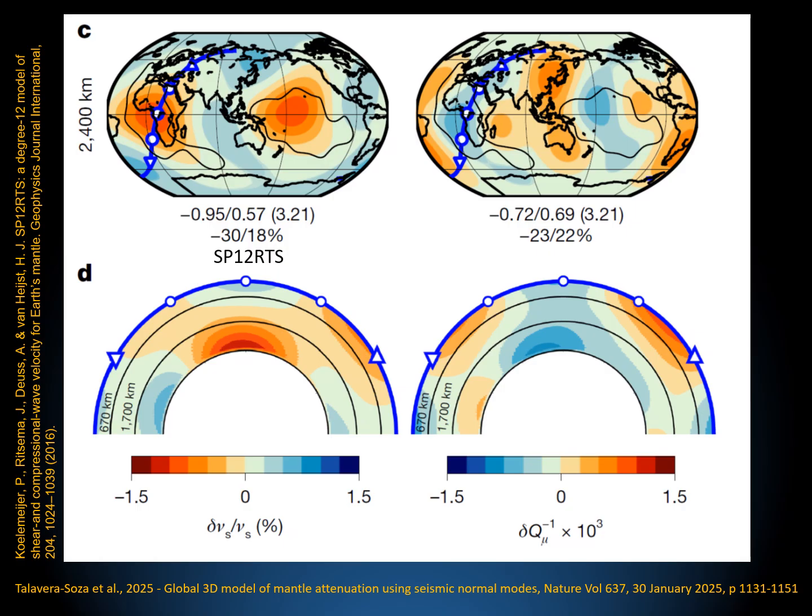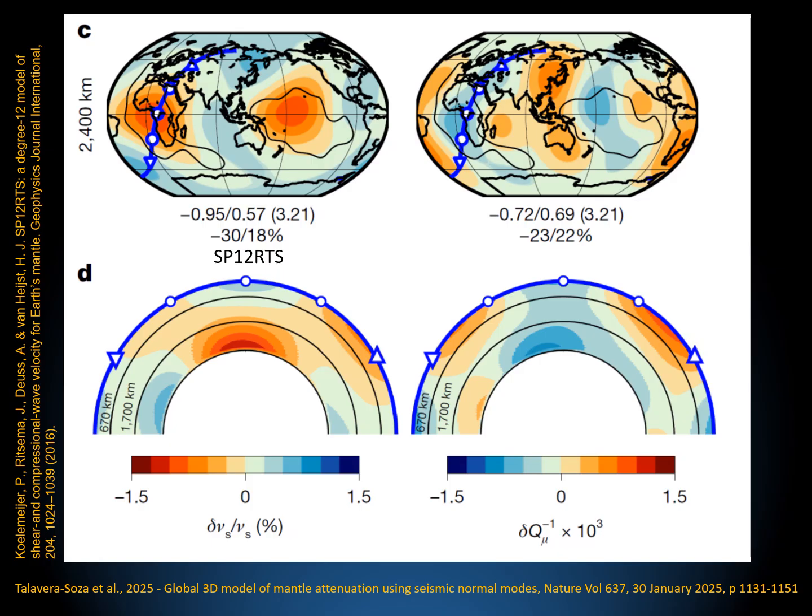The upper left-hand image is a model of mantle attenuation using seismic normal modes as presented by Talavera Souza et al. 2025. It is based on the standard accepted model of SP12RTS as created by Ritsema et al. 2016.